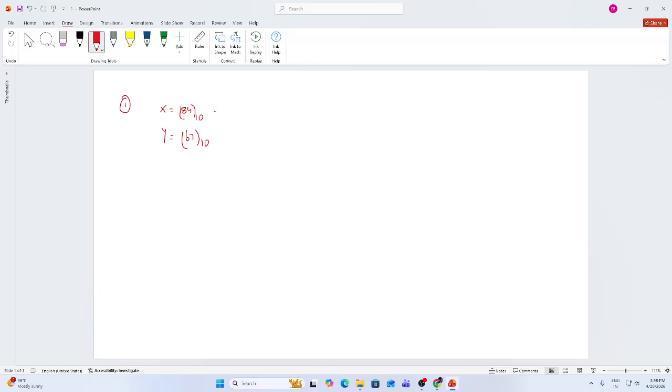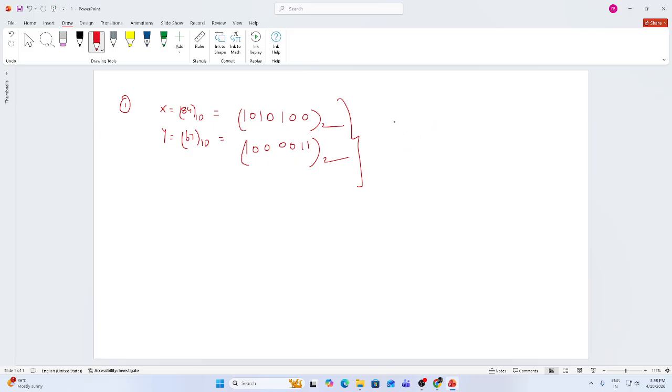If I represent 84 in binary, it is 1010100. You know how to do this kind of representation. Similarly, 67 in binary is 1000011.